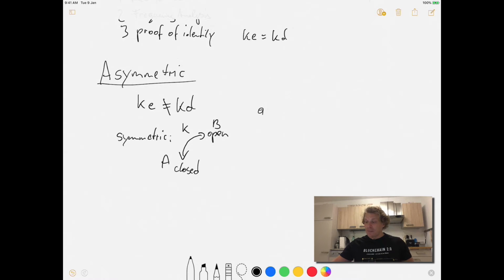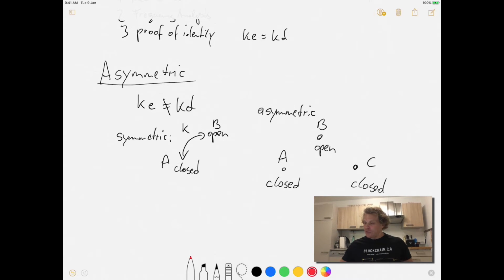Now let's talk about the example for asymmetric. And this is again, high level, very, very easy. So we have this point here, and we have this point here. In asymmetric cryptography, we have this third point, and this is just an example, C. And we have closed, open, closed. And now it gets very interesting.